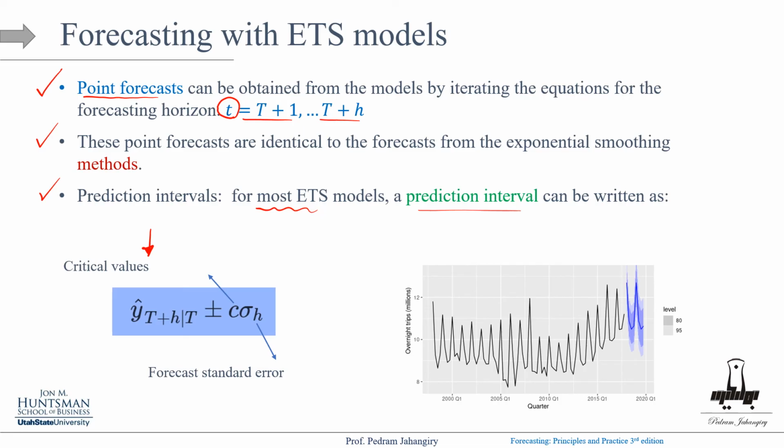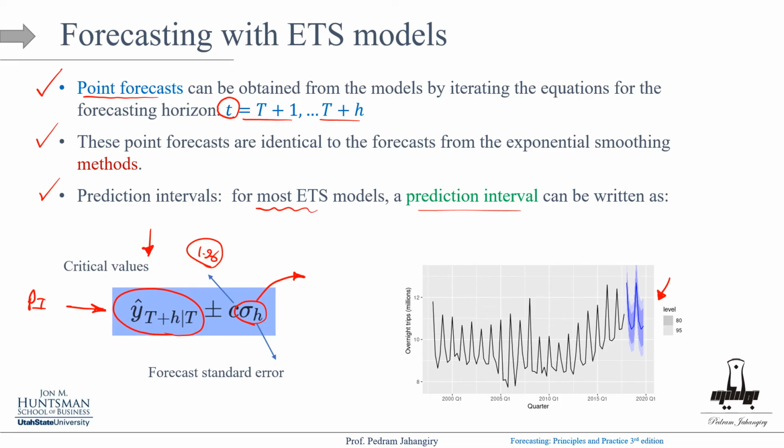So we have seen this before. This is our prediction interval, let's call it PI. Basically some point forecast plus or minus some critical value, again, it can be 1.96 for 95%, multiplied by a function of forecast standard errors, right? So this thing is going to give us these prediction intervals.